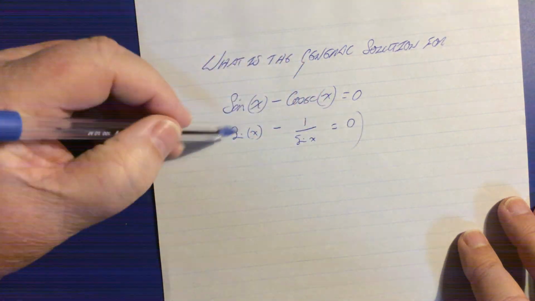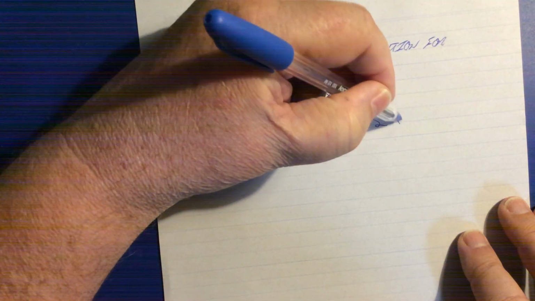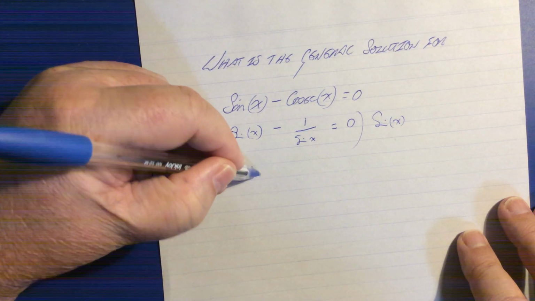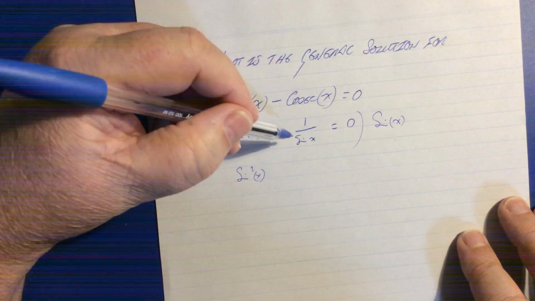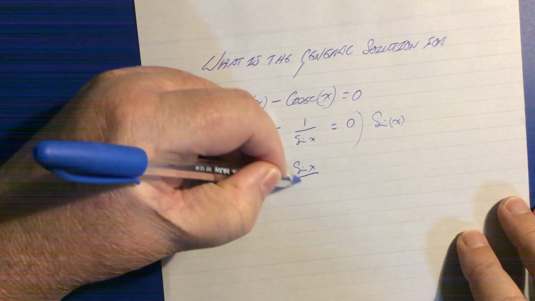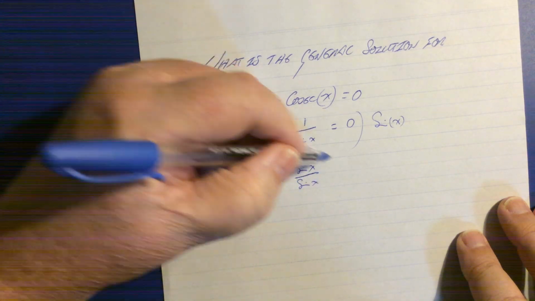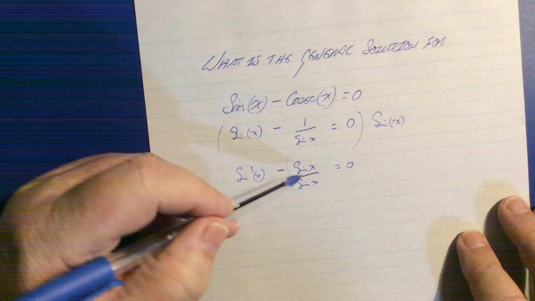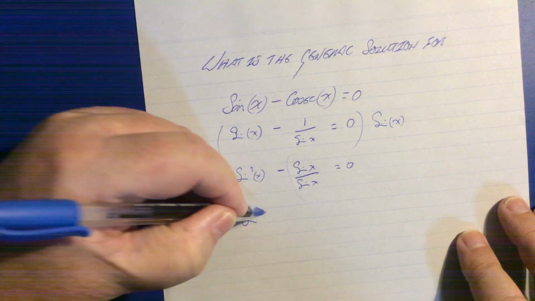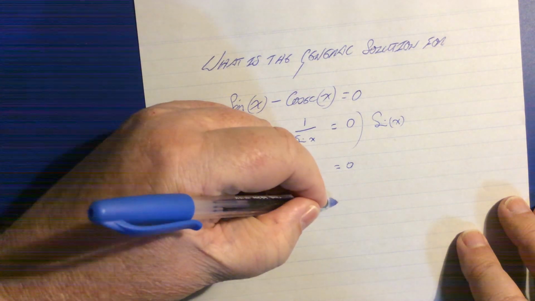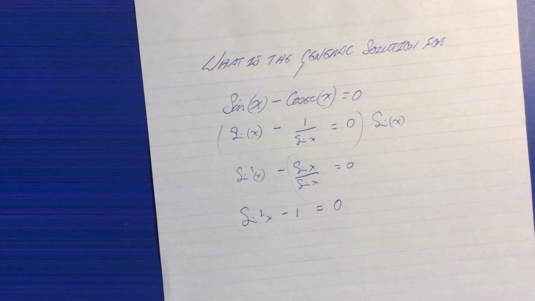So we get sine squared x, which we will deal with in due course, minus sine of x over sine of x, and that equals 0. Now, this is equal to negative 1, so we have sine squared x minus 1 equals 0. This is something that we can deal with.